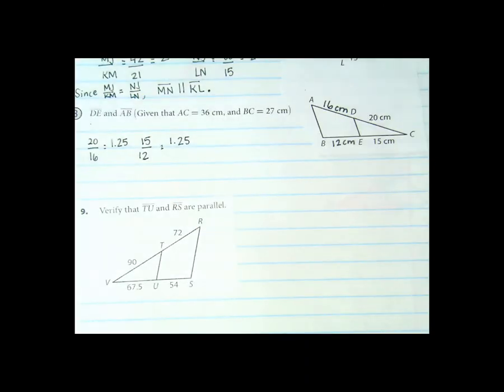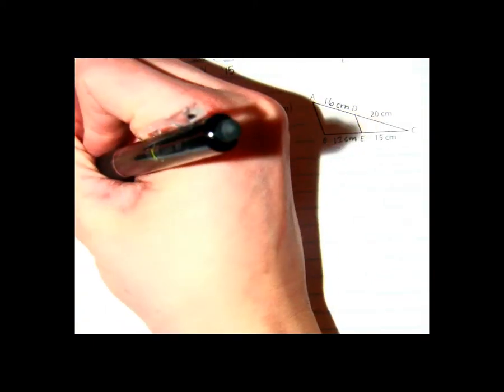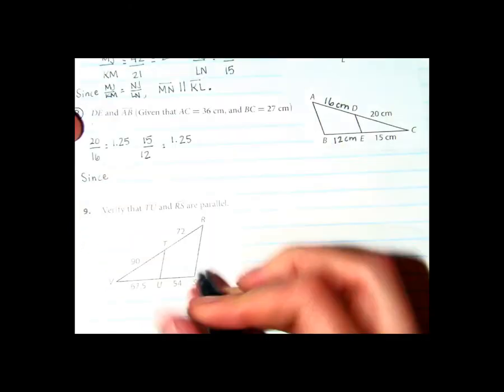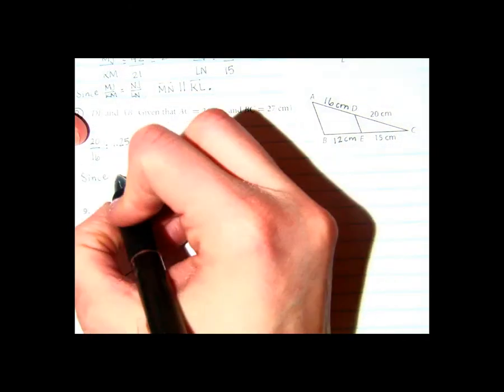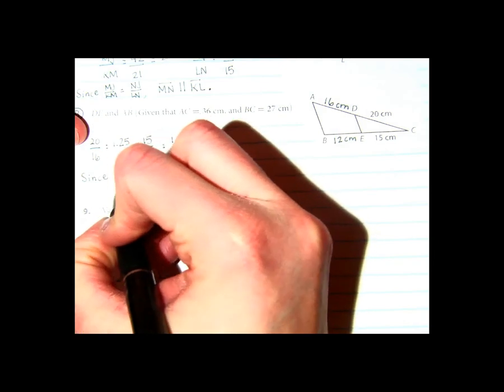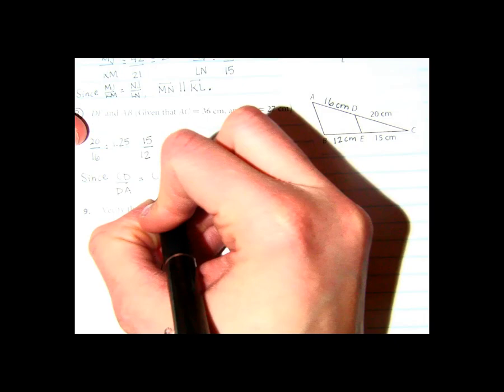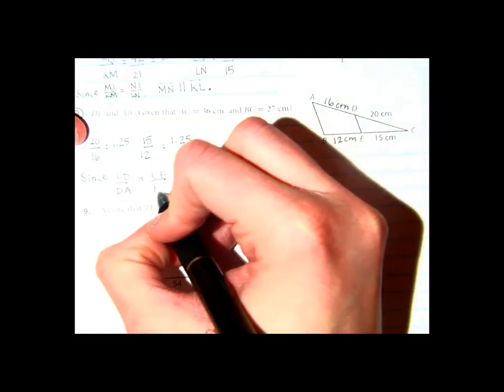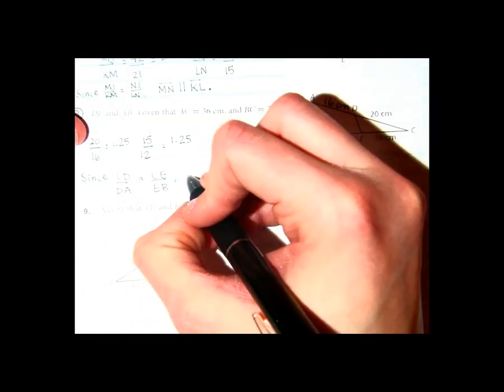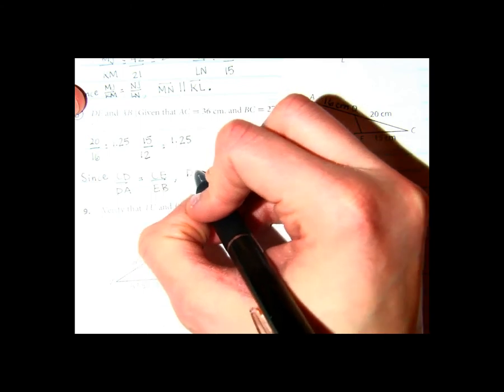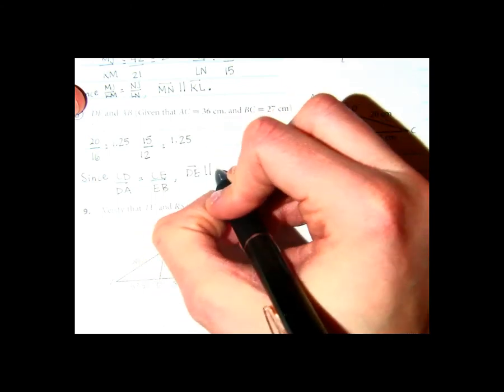If you did it the other way around, what'd you get instead? Yeah, but they were the same, right? Okay, so are these parallel? Since CD over DA is in fact equal to CE over EB, we know that DE is parallel to AB.